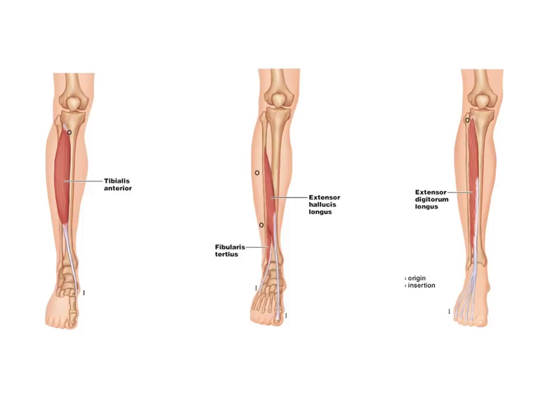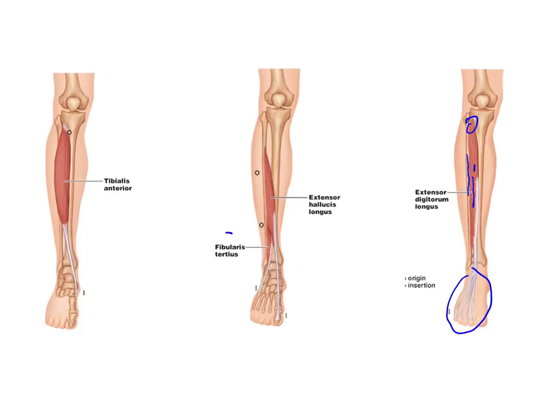The extensor digitorum longus muscle extends the lateral 4 toes, and because it crosses the talocrural joint, it helps to dorsiflex the foot. Its muscle belly has a broad attachment along the fibula, the tibia, and deep onto the interosseous membrane.